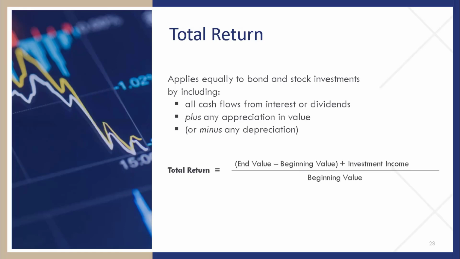Now the formula for total return is the ending value of the asset less the beginning value of that asset, adding investment income, interest or dividends, divided by the beginning value. Now notice how the term total return doesn't refer to a time period. It doesn't say yearly return, semi-annual return. The key word there is total return.